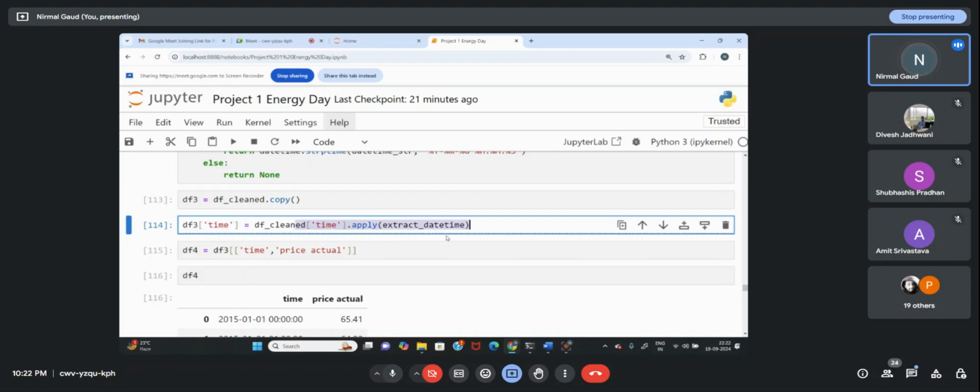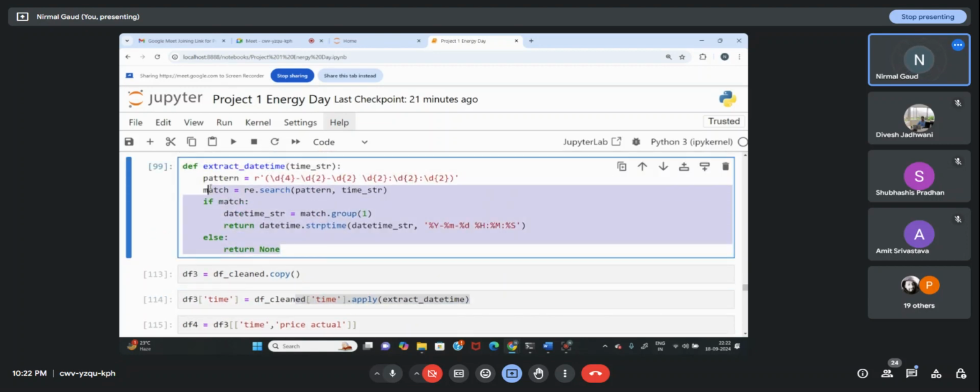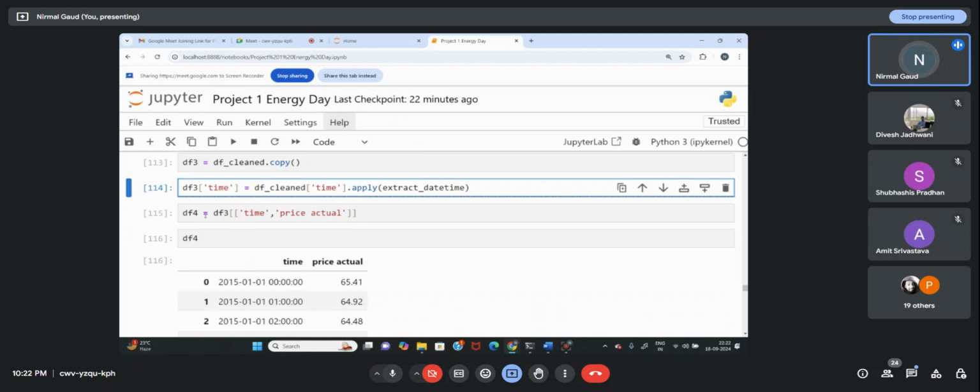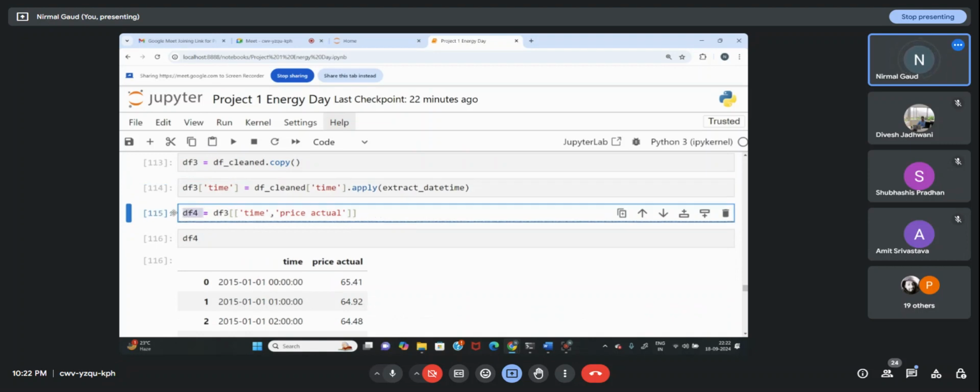Here I created a copy df3, and in the time feature I applied this code to extract what I require. Then I created a new data frame df4 from df3, which has only time and the price data. I don't require the rest of the features.